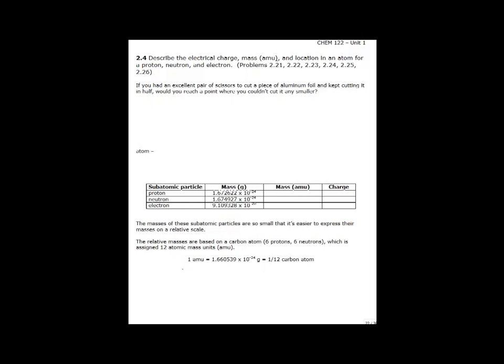In other words, your scissors weren't the limiting factor. Would you reach a point where you couldn't cut this piece of aluminum foil any smaller? And the answer is yes. So, your scissors are normally the limiting factor, but if you had the best pair of scissors, you would reach a point where you couldn't cut this aluminum foil any smaller.